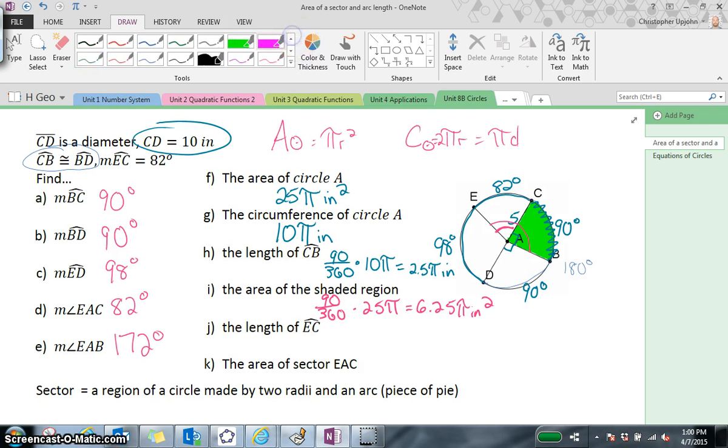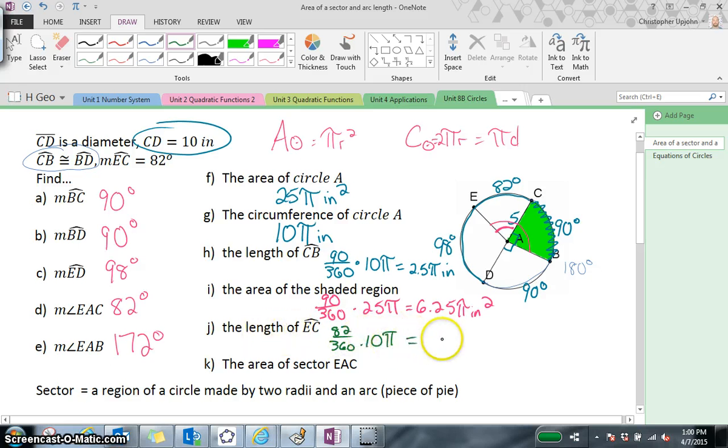Arc EC is going to be the same exact thing, except now we're dealing with arc EC, so it's 82 over 360 times its length, so we're dealing with circumference again. When we multiply that out, we end up with 2.28 pi inches. It's rounded, not exact like the other answers.